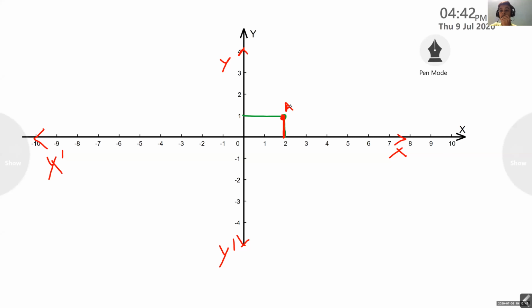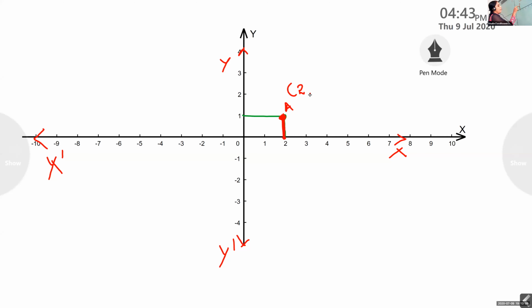This is the red line. Red line from A, I have drawn downwards to the x-axis. And it touches the x-axis at one point. What is that point? 2. So you have to put a bracket and write 2 there.